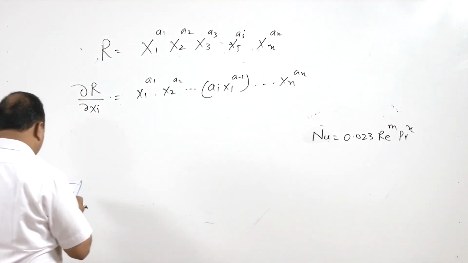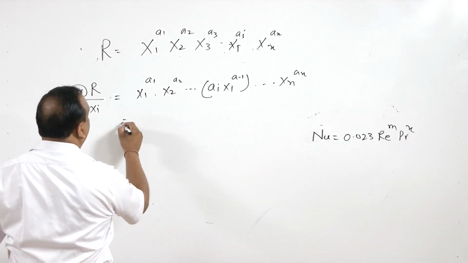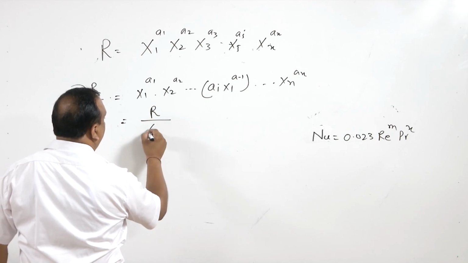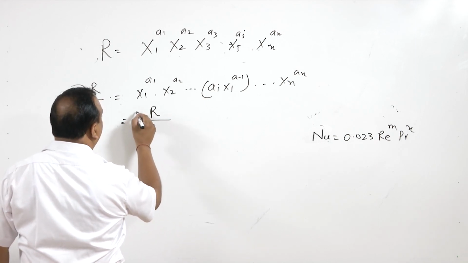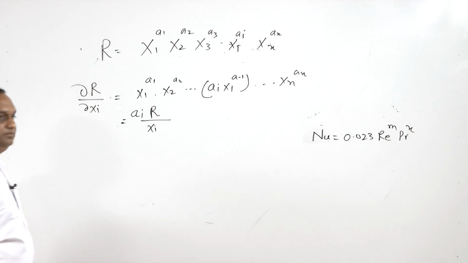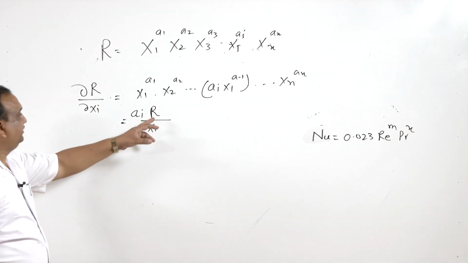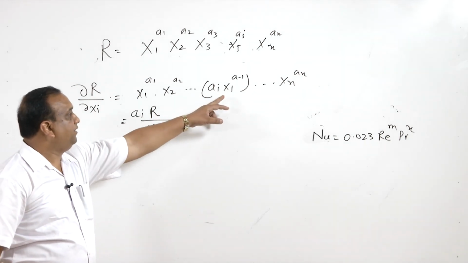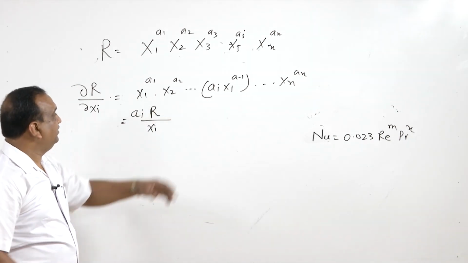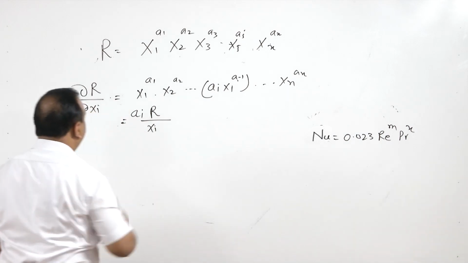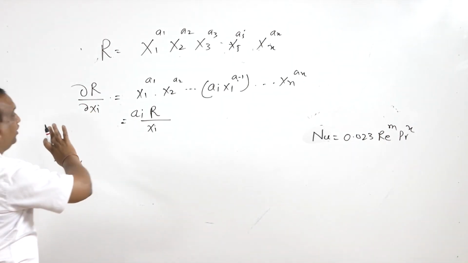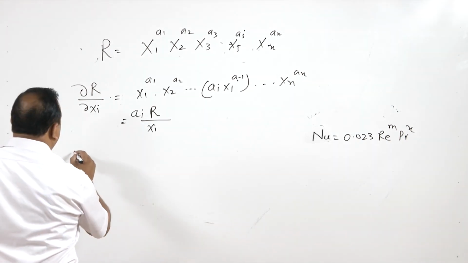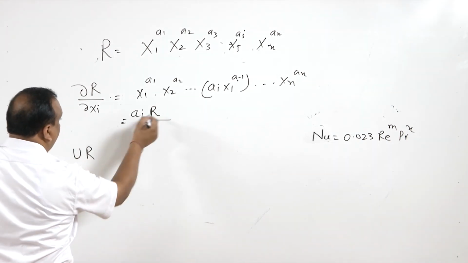Or we can write this as R by xi and this is ai. This can always be written as ai, because if you multiply numerator and denominator by xi, then again you will get this expression. Likewise, you can do for n number of values, and ultimately you will find that this R can come down here.